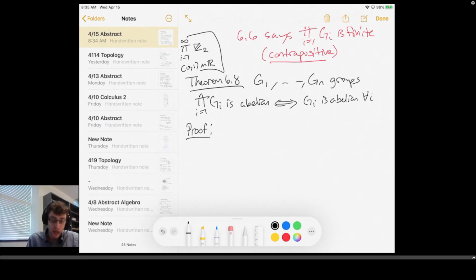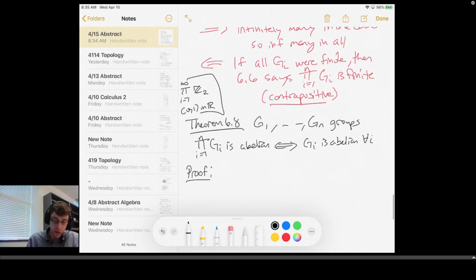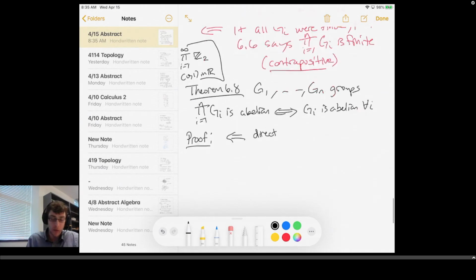Okay. So kind of what I was saying before, on this previous problem, one direction, which I've written the other way here, should be straightforward. It should be direct. So here we can just do it, and I will in a second.